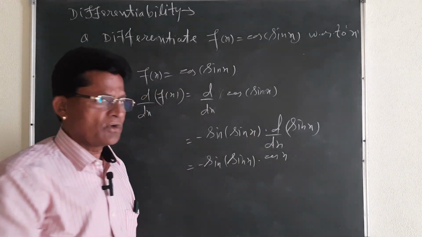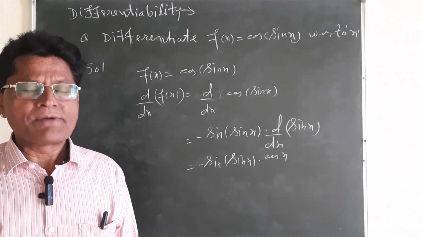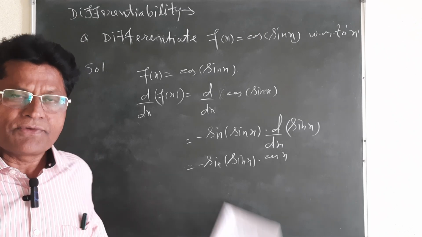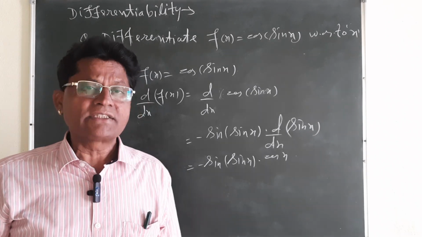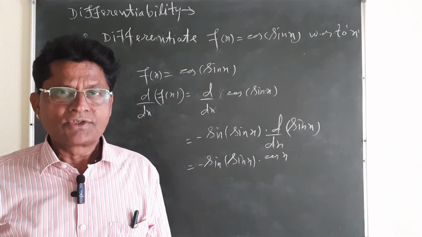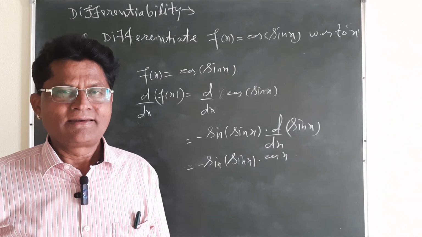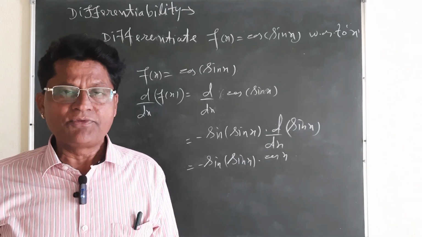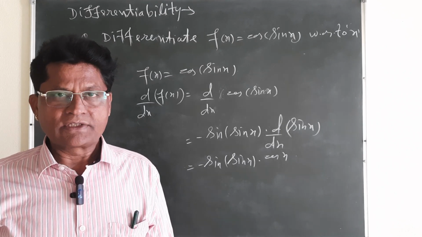This is the differentiation of it. Very simple. I have reviewed this procedure, the chain rule, as I discussed in my previous video, so that you practice questions related to the chain rule, because we frequently use it to find solutions in differential calculus.